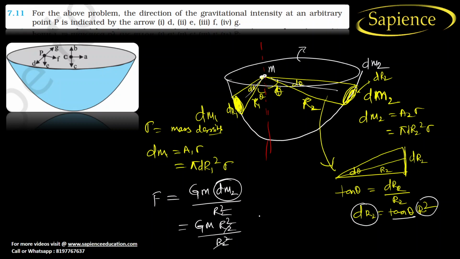So finally the r2 terms cancel, so the force is equal to Gm. So at the same angle we are getting the same force. So if we are getting the same force, at the same time the net force will act downward. So our answer will be E only. So net force will act downward.